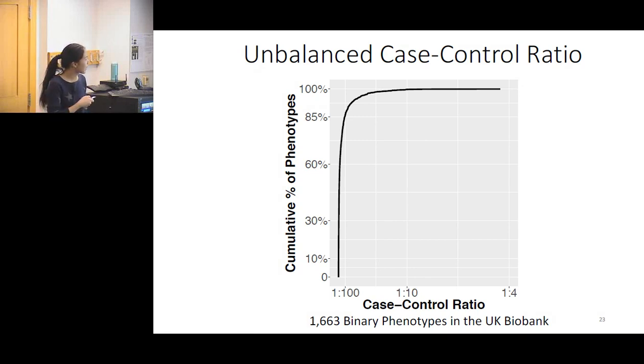If you look at this line, you can see over 85% of them have a case control ratio of 1 to 100, which means the prevalence of the disease in the population is lower than 1%. So there are very few cases versus a huge number of controls for each phenotype.